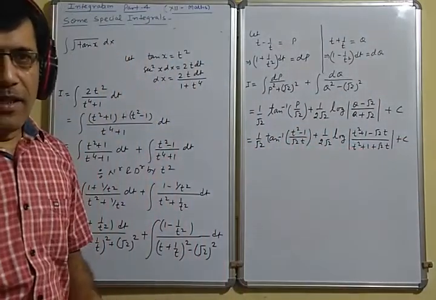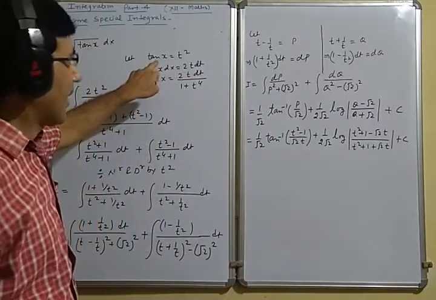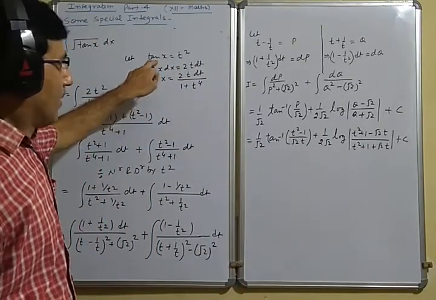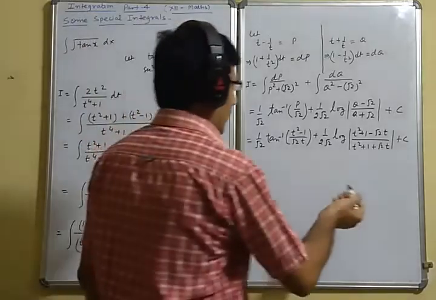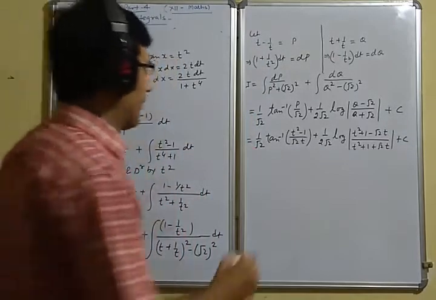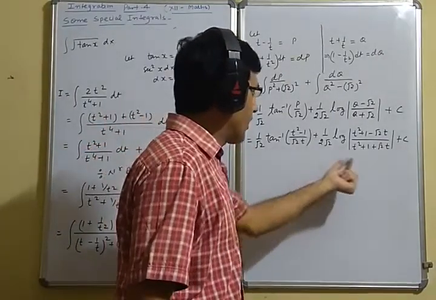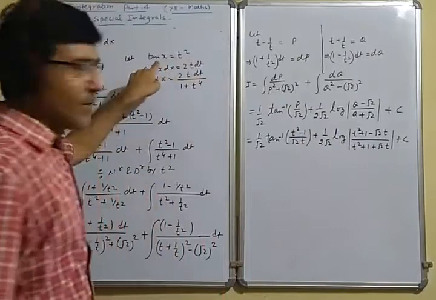Now after converting it into the form of t, the question is in the form of x, so we will substitute the value of t, that is t equals under root tan x.